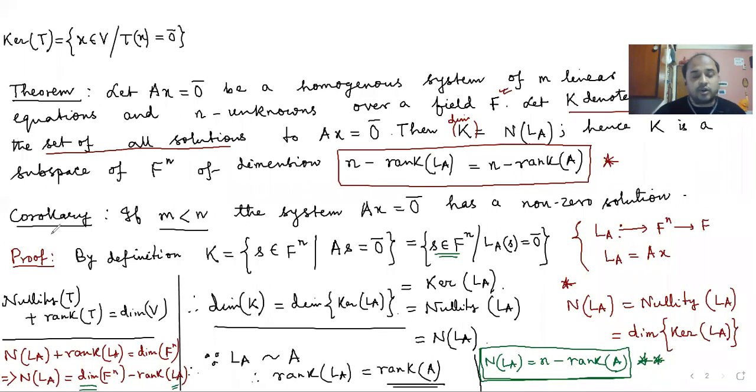Okay, so let's talk about the corollary. The corollary is very important. The corollary says that if m is less than n, the system Ax equal to 0 has a non-zero solution. What is m? M is the number of equations, n is the number of unknowns. Okay, so according to the corollary, suppose m is less than n.